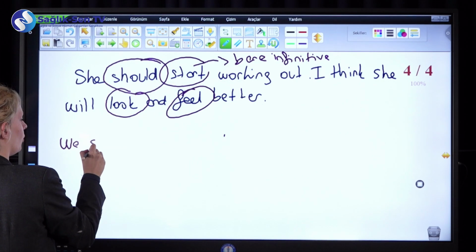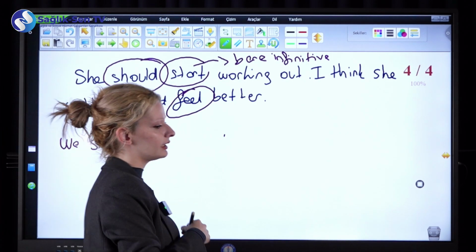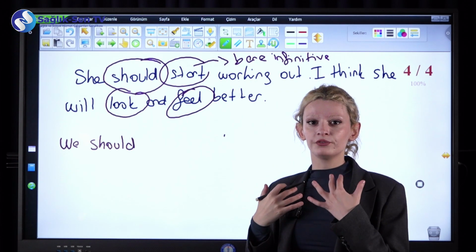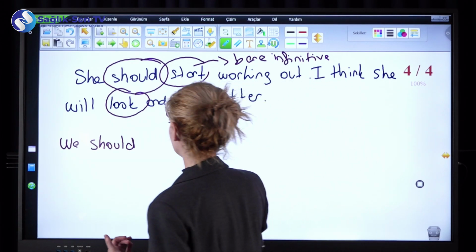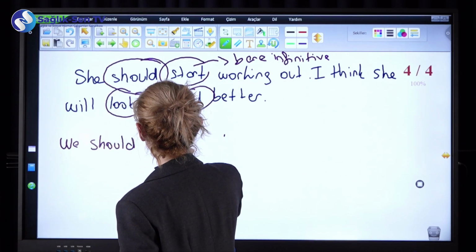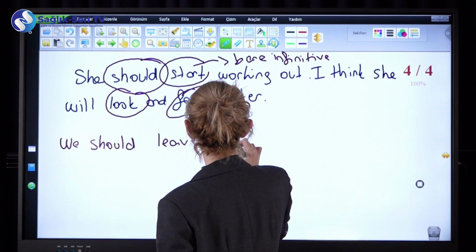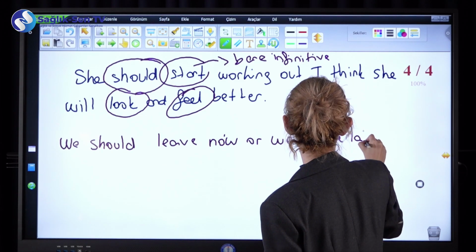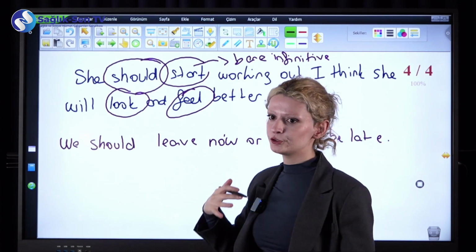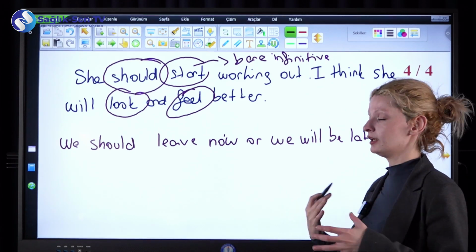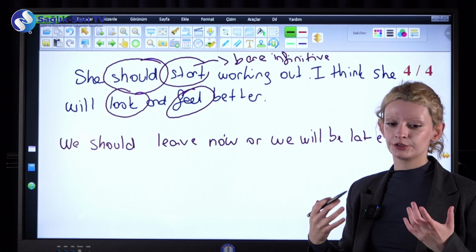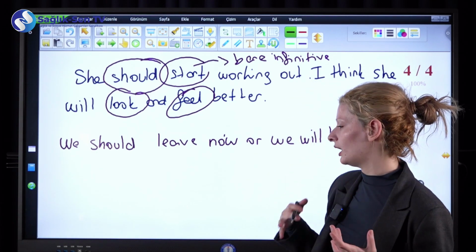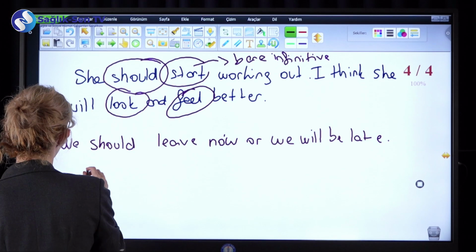I can also express something we should do about ourselves. We should leave now, or we will be late. It doesn't have to be someone other than me. It can also be used to express advice to ourselves or myself.